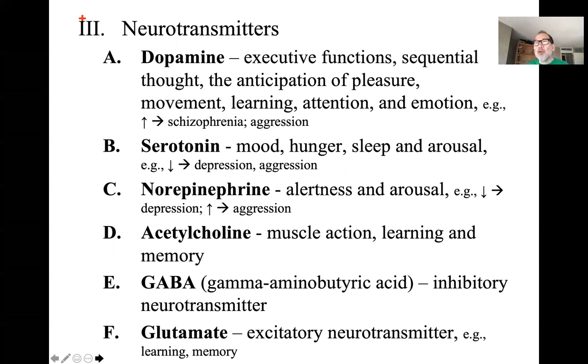Another neurotransmitter you may have heard of as associated with antidepressants is serotonin. Serotonin is associated with mood and also basic functions like hunger, sleep, and arousal. Usually a low amount of serotonin is associated with depression and aggression.